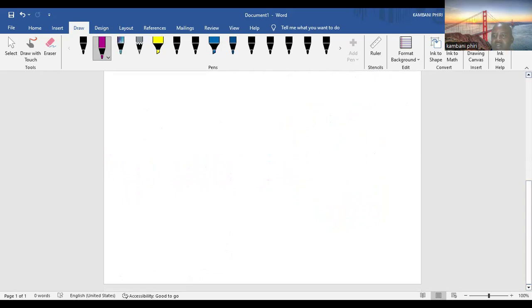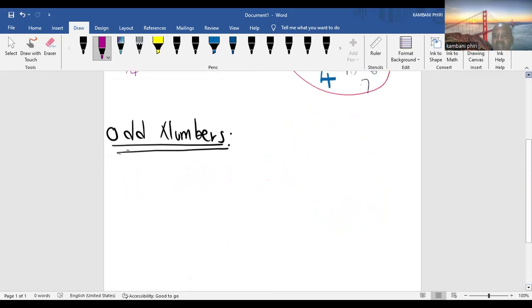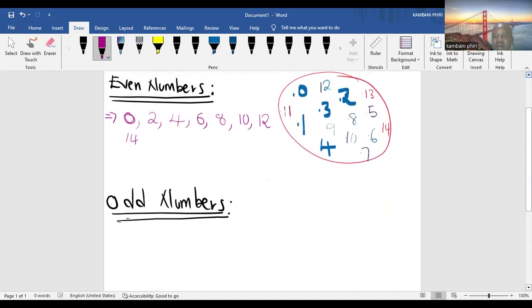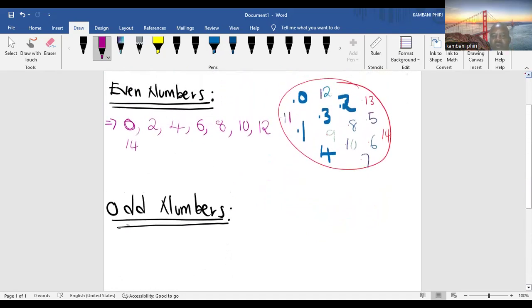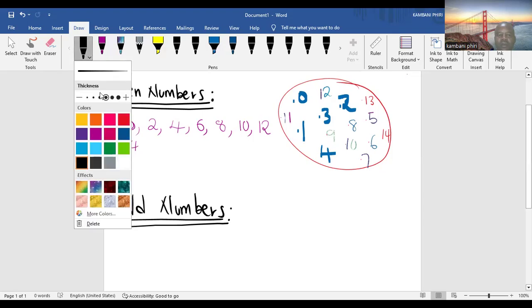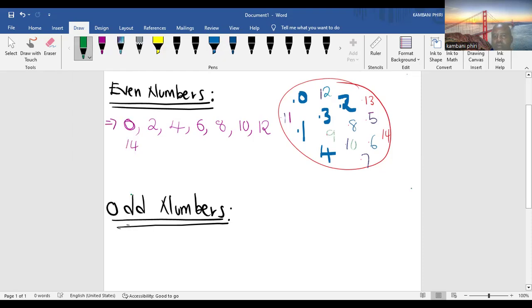Then we can also try to pick the numbers where when we divide by 2, we'll be able to get a remainder. From here, we can pick 1.